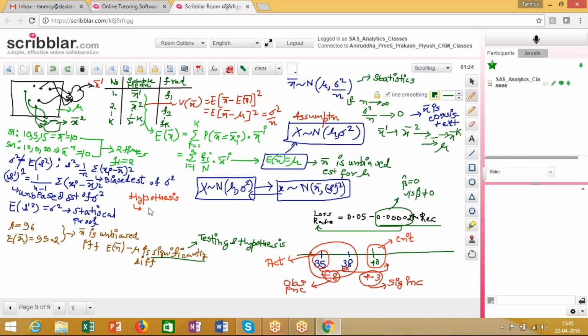Not an assumption really. A hypothesis is a conjecture. So a hypothesis is essentially a conjecture which I generally have in mind and I want to validate.